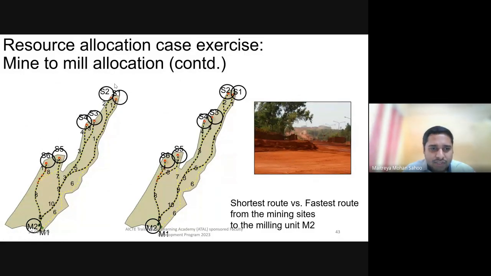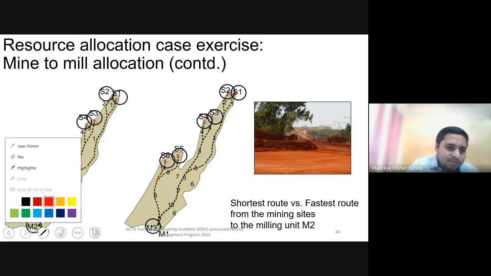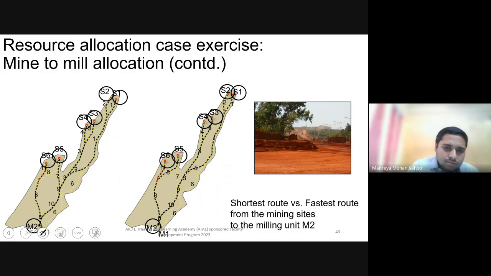We are able to observe one difference in this path. The shortest route for the mine site S5 to M2 goes along this, but the fastest route from the mine site S5 to M2 is this.